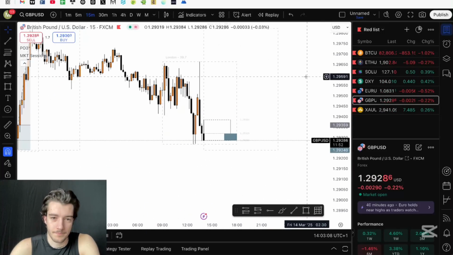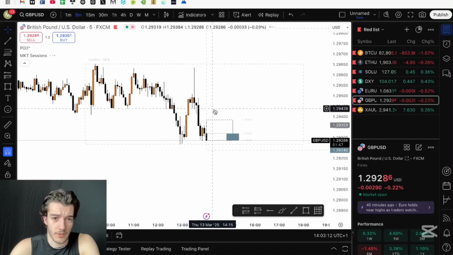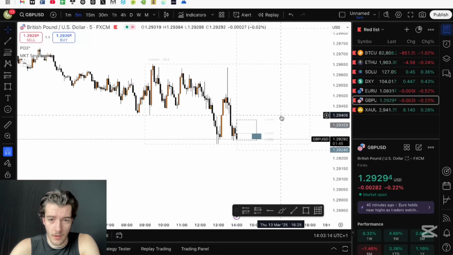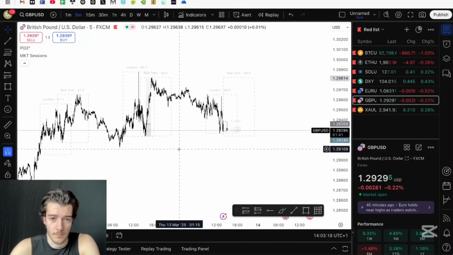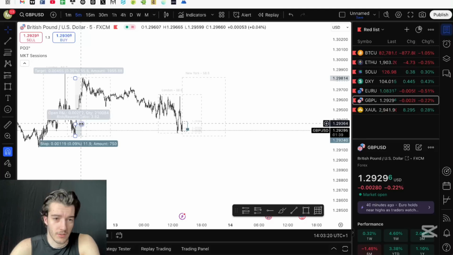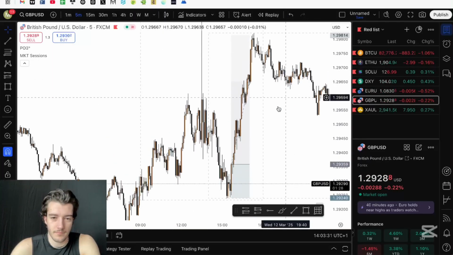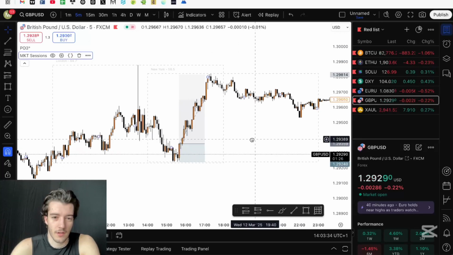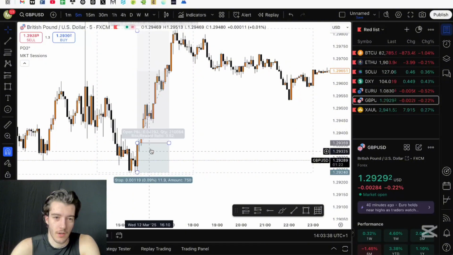Wow. All right. So there was some action here. Cool, I guess. Yesterday we did not trade, it was CPI. There could have been one nice opportunity here after this 5-minute break of structure.